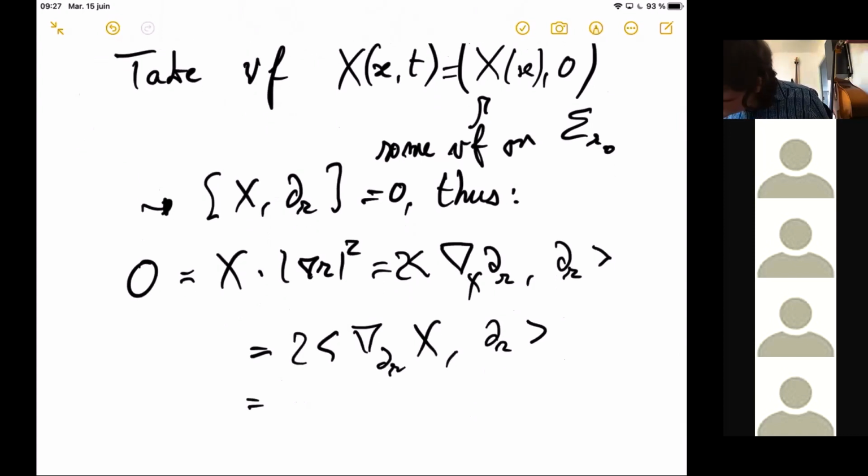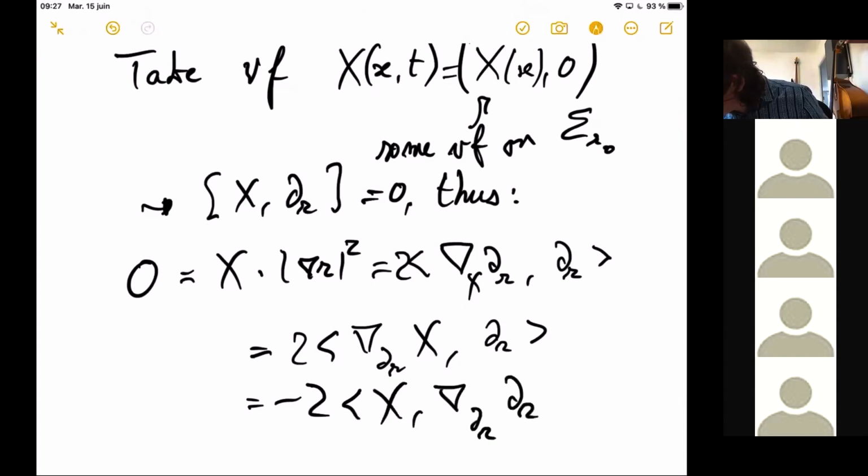And then since X is orthogonal to del R, you can exchange at the cost of a sign change, which is not important here, you can put the del R here.